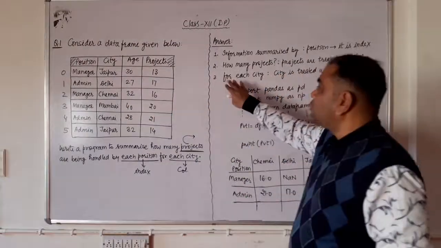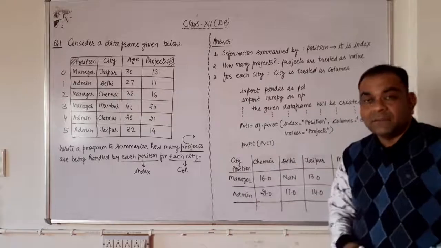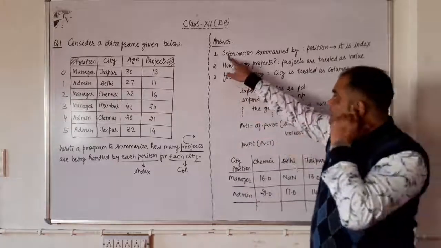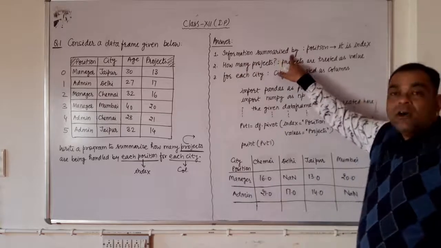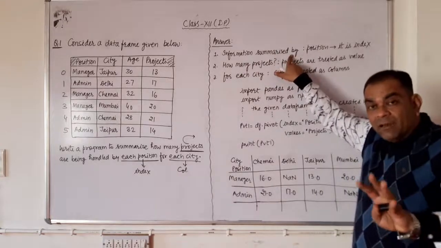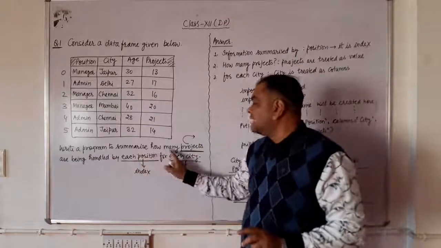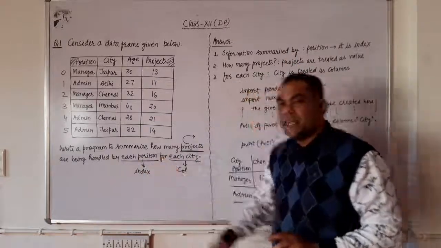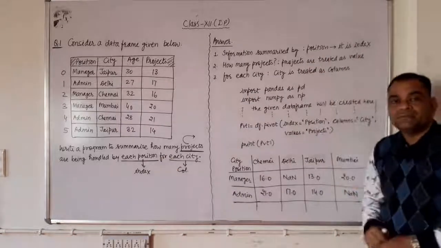So if you want to write the program related with this specific concept, very first, let's see what is the first point. Information summarized by. On which specific level are you going to summarize your information? We are going to summarize the information on the basis of position, so position is treated as index, right?